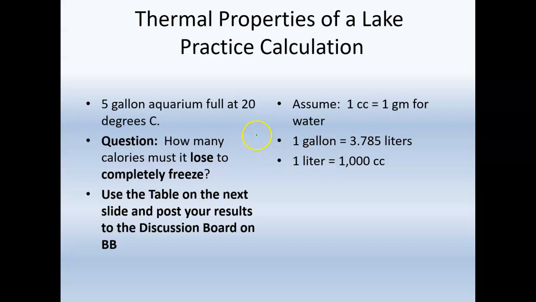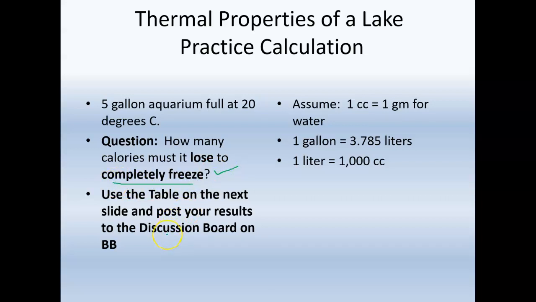So you have to figure out how many calories this aquarium, 5 gallons of water at 20 degrees centigrade, must lose. How many calories must it lose? And the key here is to completely freeze.